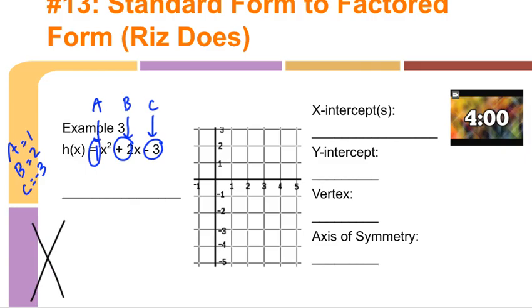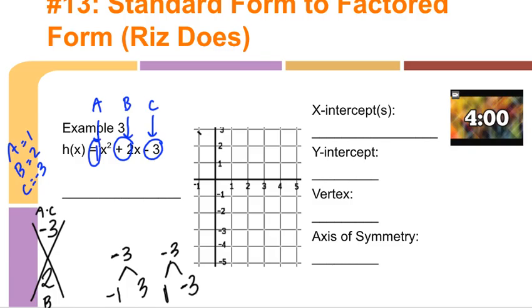Create my X or my diamond. A times C, that's going to be a negative 3. And B is going to be a positive 2. So I want to find numbers that multiply to negative 3. Now, if I want to multiply to a negative, that means only one of my numbers needs to be negative. So I can either be negative 1 and positive 3, or positive 1 and negative 3.